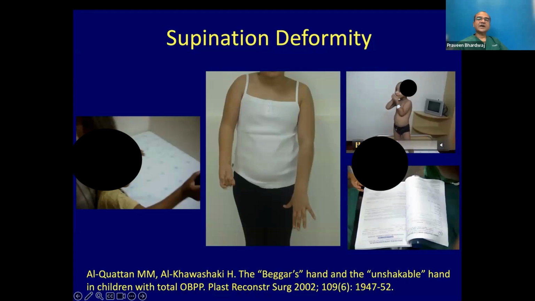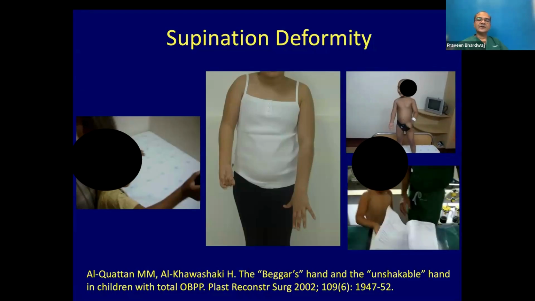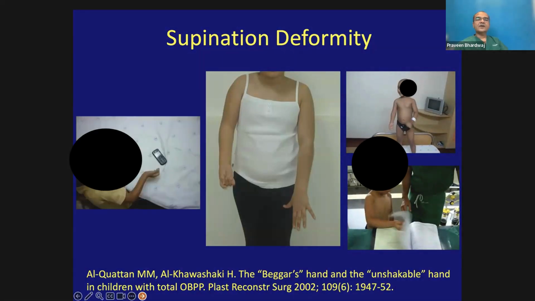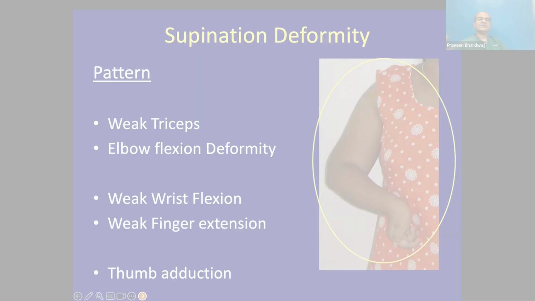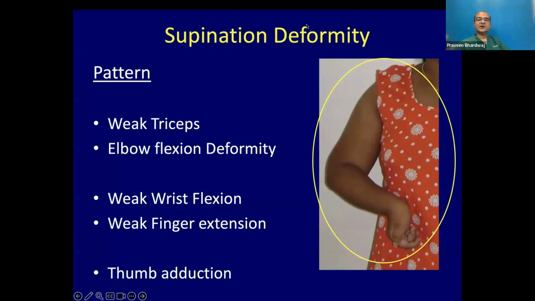Often because the wrist is hyperextended, the hand does not reach the mouth, and they even have difficulty in just turning a page of a book. Though it may appear as if it is not a very common problem, when the patients have this, it is a great disability, both cosmetic wise and functional wise. When we are treating these patients, there are many important things which may be associated and will require consideration.